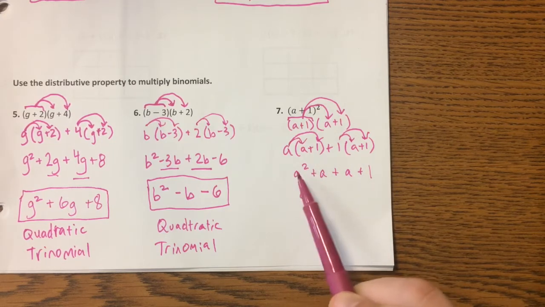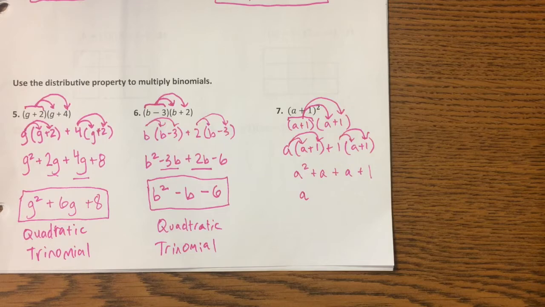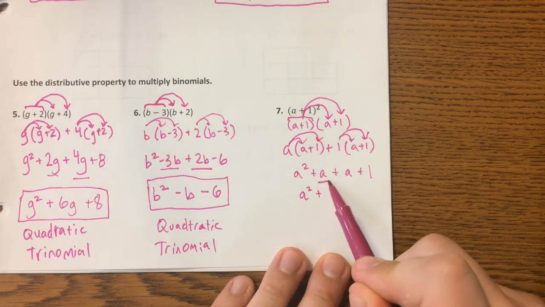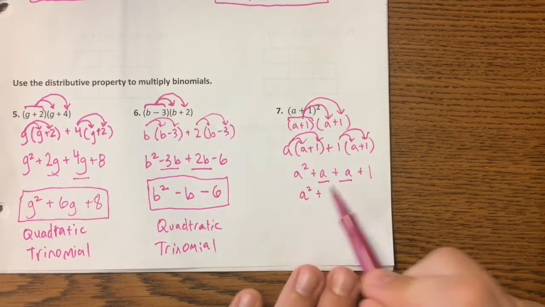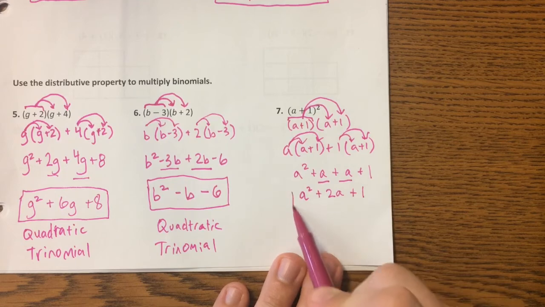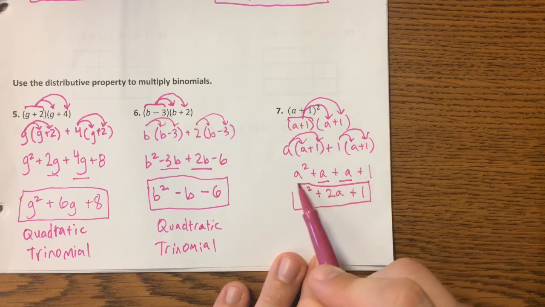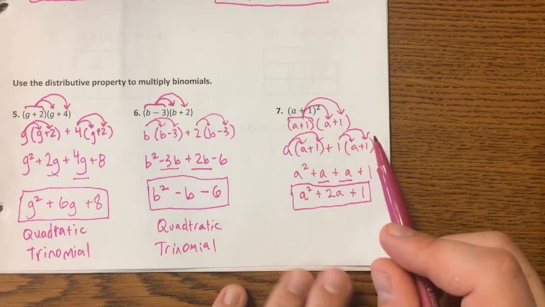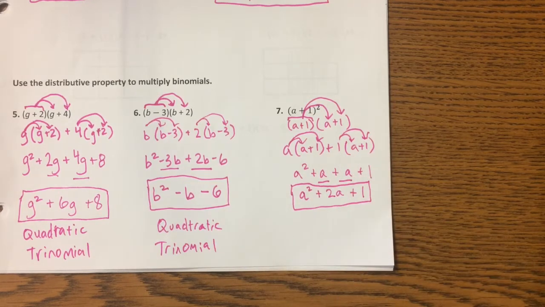This term, a squared, can't be combined with anything. So it's just a squared plus, what's a plus a? 2a plus 1. One times, when we distribute, we're multiplying, not adding.